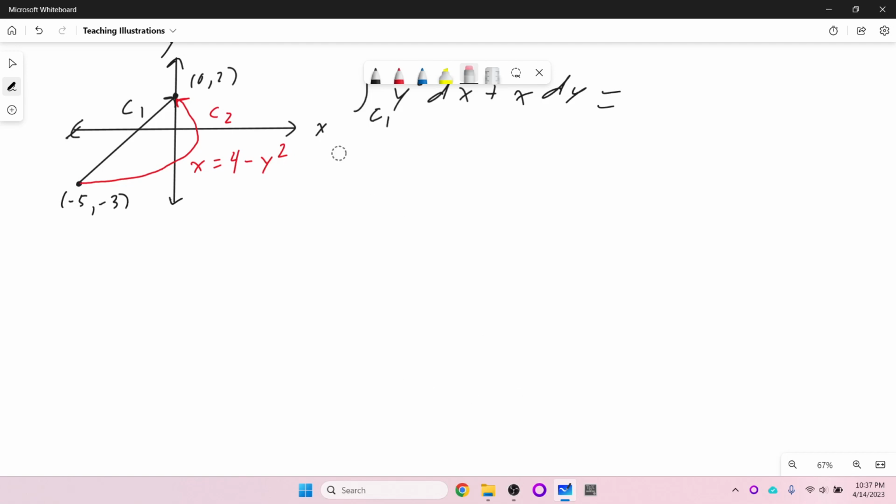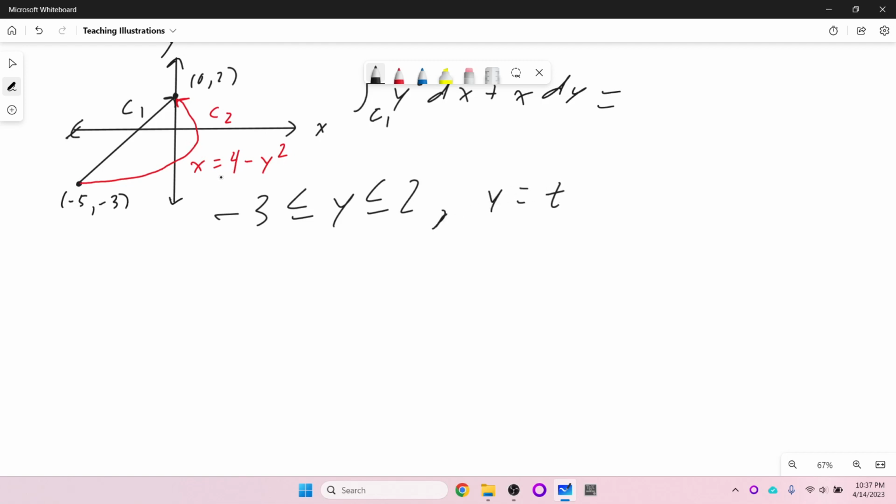Now we're still going from (-5, -3) up to (0, 2). The way it's listed this time, y is the independent variable. So I think the easiest thing for us to do here would just be to say that y goes from negative 3 to 2. So therefore we can just say y equals t.